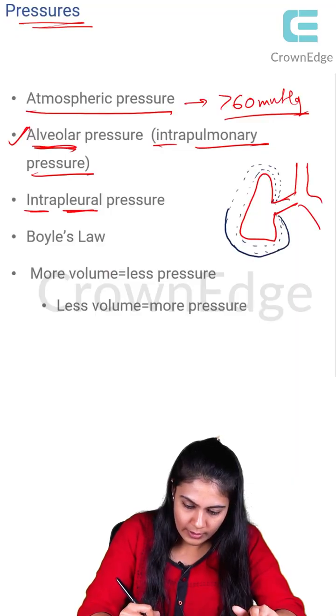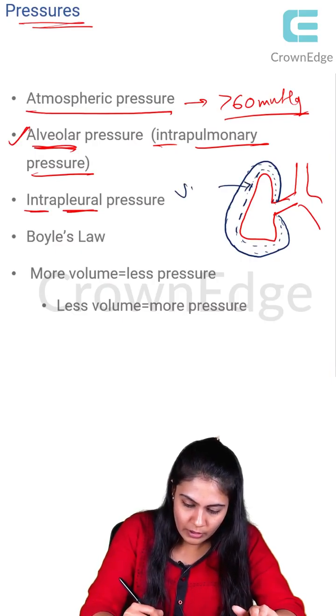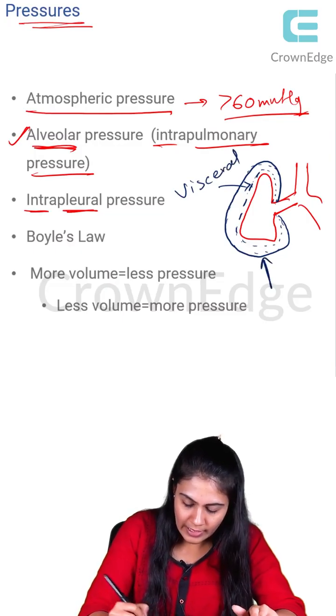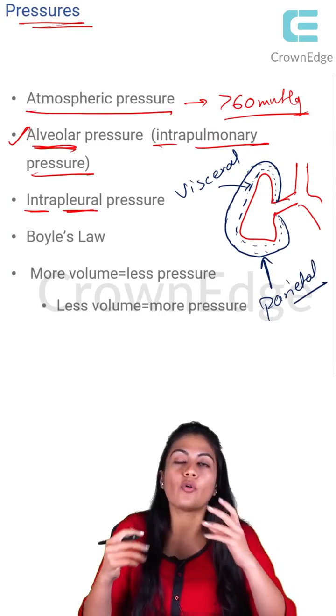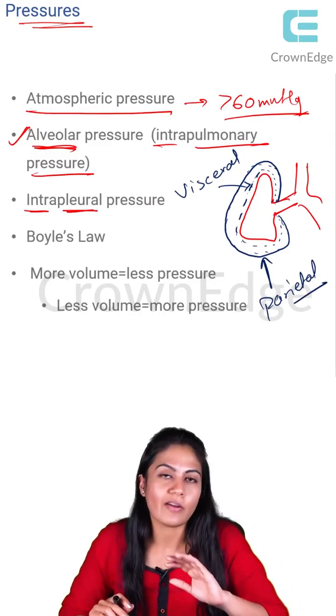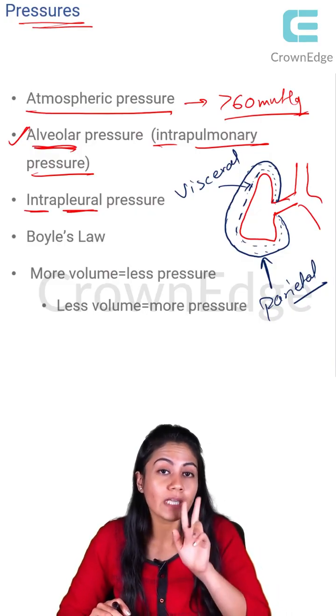So I'll draw the outer one. The dotted pleura inside is known as the visceral pleura, and the line drawn outside is known as the parietal pleura. They are nothing but the covering of the lung. Every organ has its own covering, so the lung also has a double-layer covering.